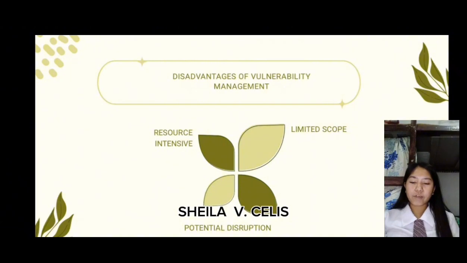The action of preventing something, especially a system, process, or event, from continuing as usual. Last is limited scope. Limited scope representation refers to the concept of a lawyer agreeing with a client to handle only some parts of the client's legal matter.